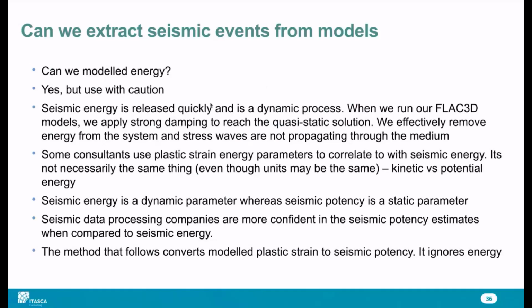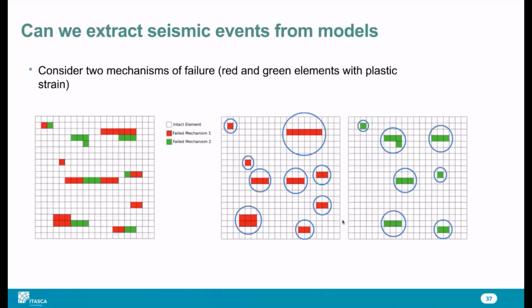Seismic potency, on the other hand, can be directly correlated to plastic strain. So my recommendation is to rather use seismic potency, or try to model seismic potency and seismic energy in our quasi-static models. The method that I'm going to show you now uses plastic strain and converts it to seismic potency, and it completely ignores energy. So seismic energy is not accounted for in this method.